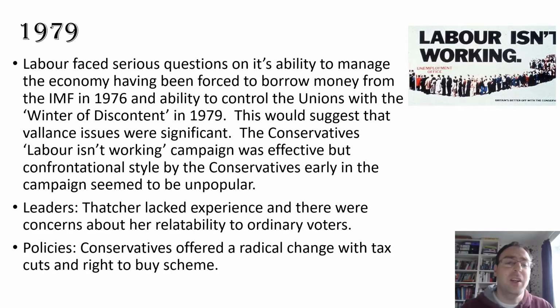So this would suggest that valence issues were really significant. They would suggest that people would punish the Labour Party because they hadn't proven to be capable of effectively governing and bringing economic prosperity, for example.